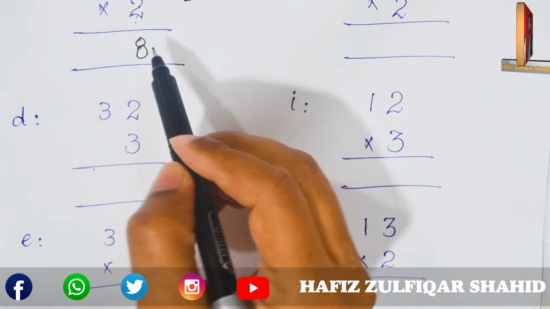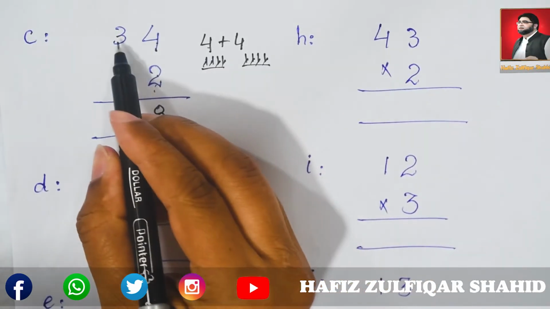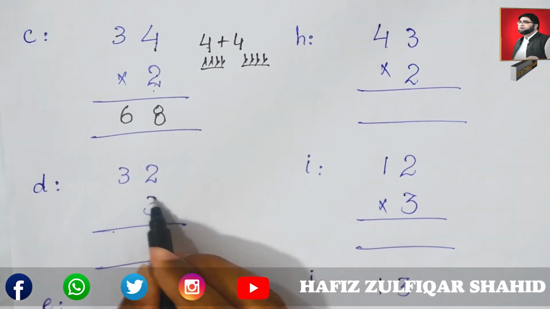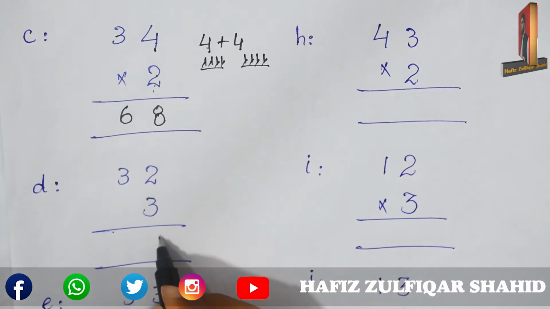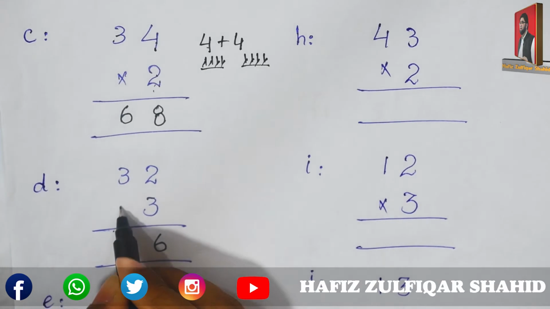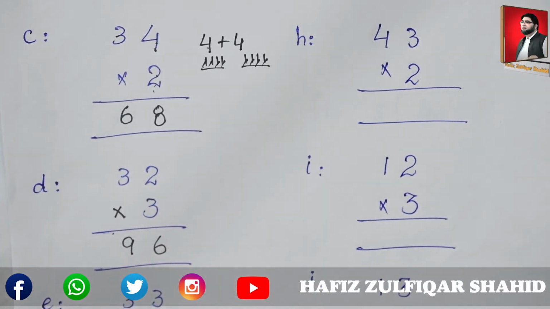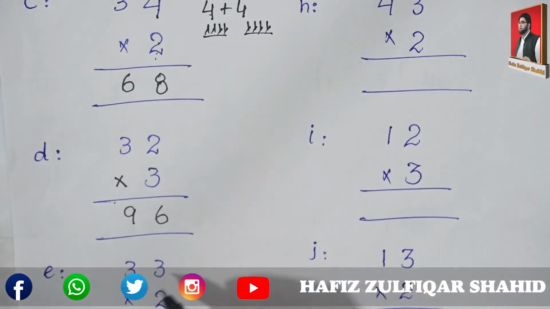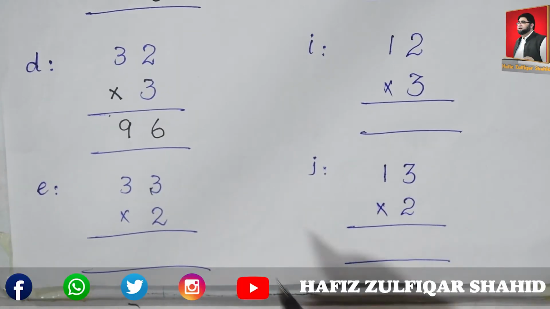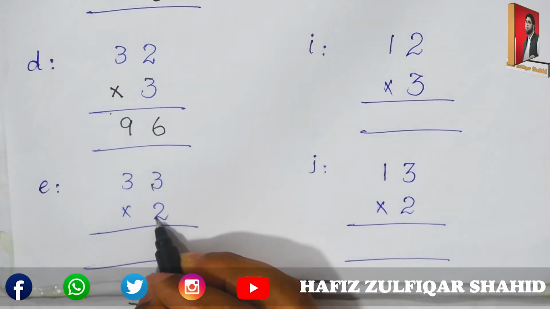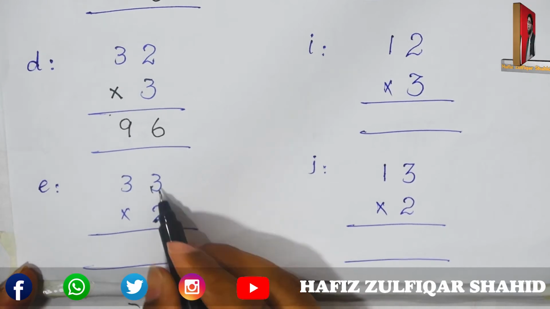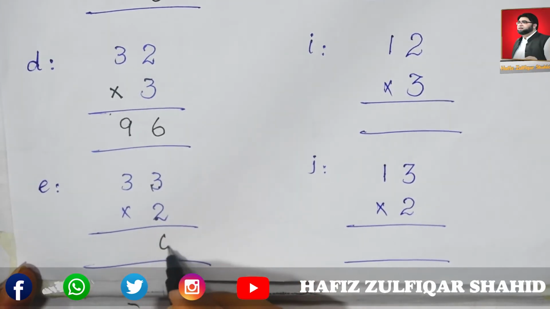Now read the table of 2. 2 times 3 is 6. Next question. 3 times 2 is 6. 3 times 3 is 9. Next E part. 2 times 3 is 6.